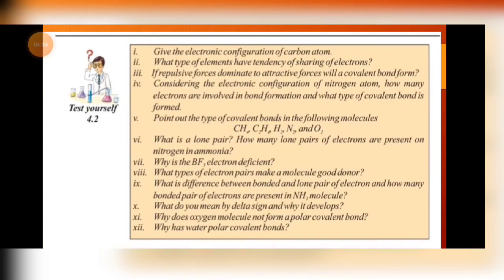Nitrogen has atomic number 7 and it has 5 electrons in its outer shell, so it needs to share 3 electrons. That's why it will form 3 covalent bonds with another atom to form the N2 molecule. A triple covalent bond is formed when the 3 outer shell electrons of nitrogen combine with 3 electrons of another nitrogen atom.